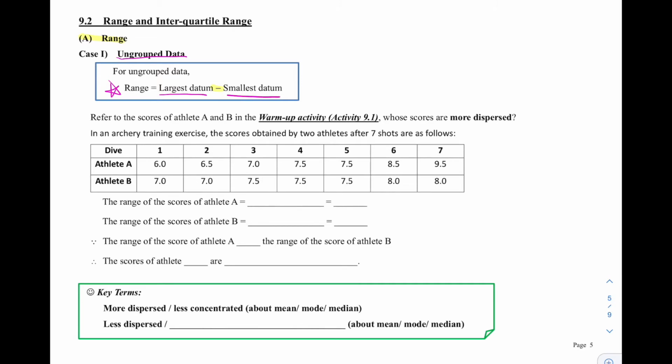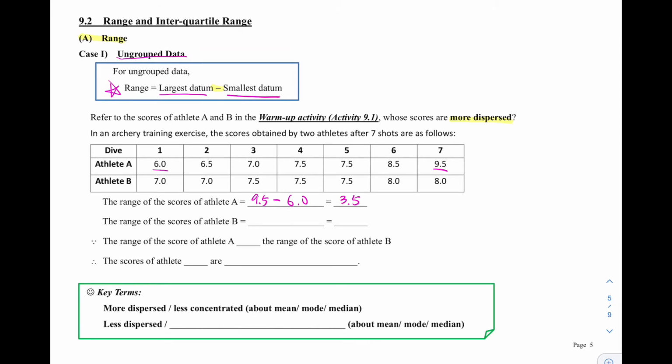Say, in the activity we already studied, whose scores are more dispersed? From the 7 data of each athlete, you find that for athlete A, the largest datum is 9.5 and the smallest is 6.0. So we have 9.5 minus 6.0, so we got 3.5.